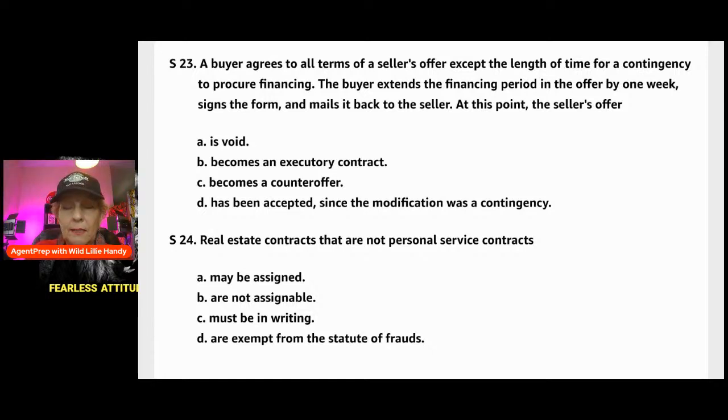May doesn't mean they have to be assigned, but they may be assigned to someone else. A personal service is when we sign an agreement with the vendor, and those are usually not transferred over.